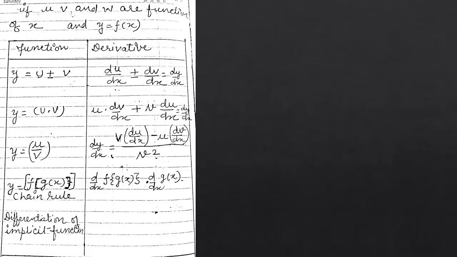Here first is y is equals to u plus v. If function is y is equals to u plus v, then its differentiation dy by dx will be equals to differentiation of u with respect to x, then the same sign, plus or minus, and then differentiation of v with respect to x.